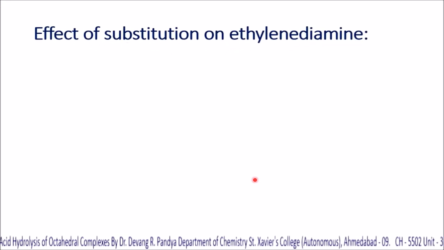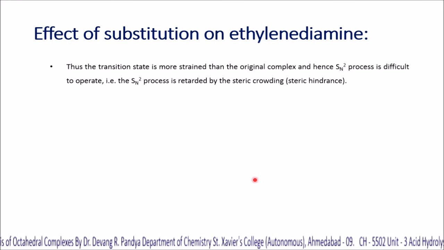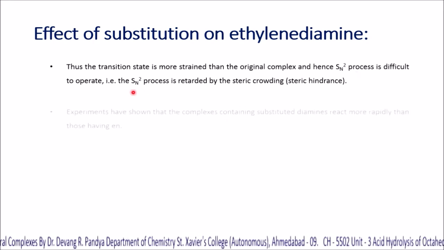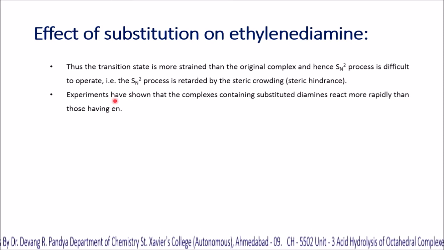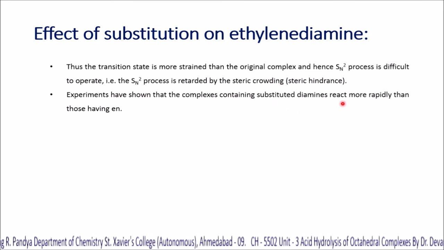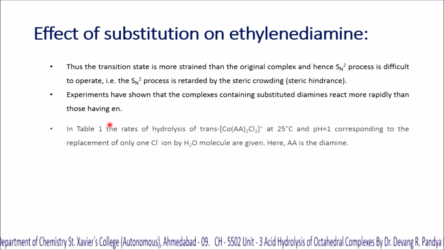Next is the effect of this substitution on ethylene diamine. Thus, the transition state is more strained than the original complex, and SN2 is difficult. Already I have discussed that the steric hindrance is going to increase more, and experiments have shown that the complexes containing substituted diamine react more rapidly than those having simple ethylene diamine.